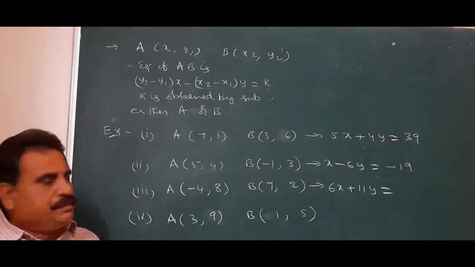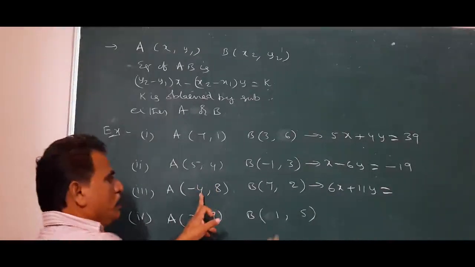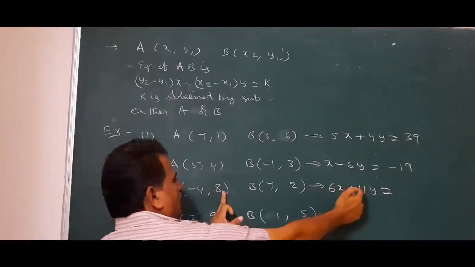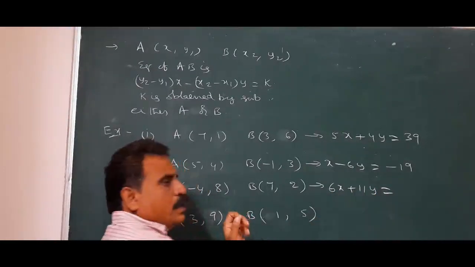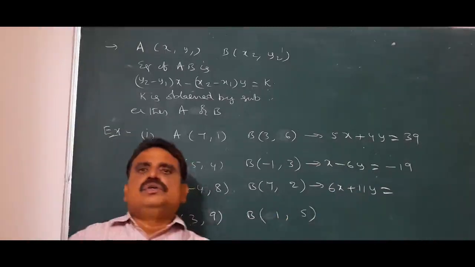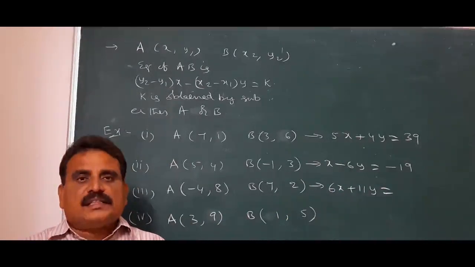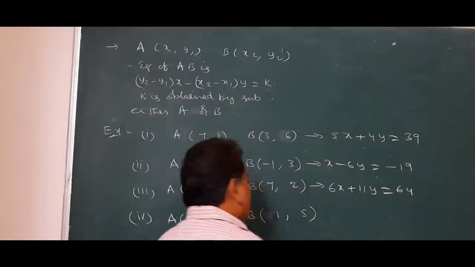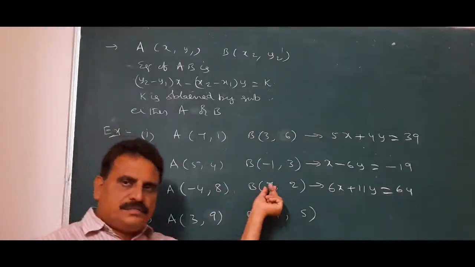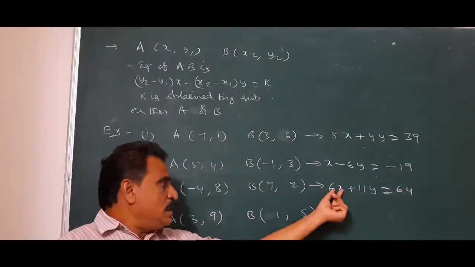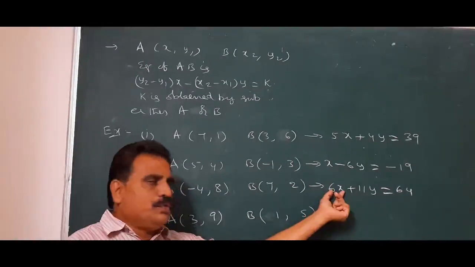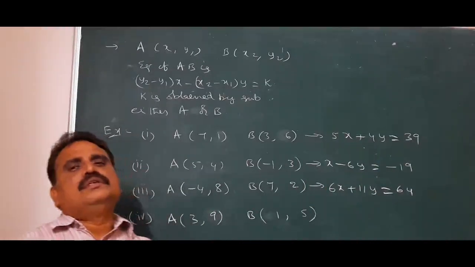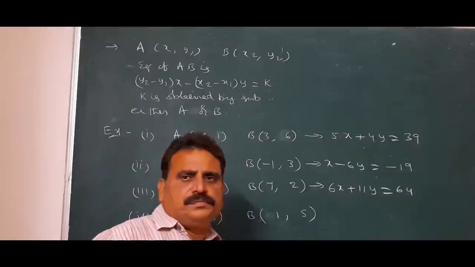Now substitute point A: x is -4, 6 into -4 is -24, 11 into 8 is 88, 88 minus 24 is 64. You check that by substituting the other point: x is 7, 6 into 7 is 42, plus 11 into 2 is 22, 42 plus 22 is 64. We get the same constant.